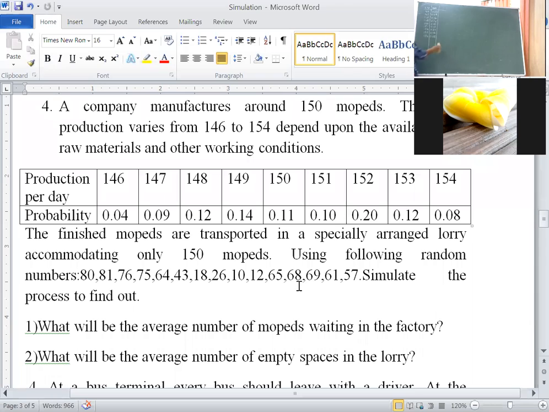If it is of 2 bits, a simulation problem, directly they will ask for 10 marks. If it is of single bit, simply average profit per day, average demand per day, the question is like that, then it will come for 5 marks. If it is of 2 bits, then it is of 10 marks. Compared to steady state probabilities, this is easy.